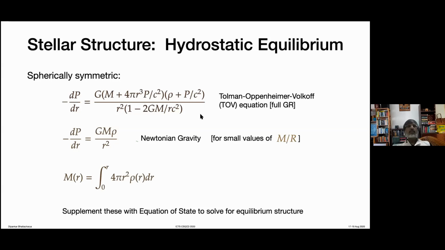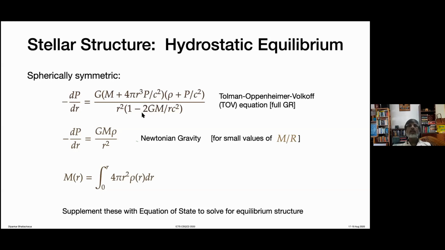For the large nuclear burning stars that we just talked about, the ratio of mass to the radius, or this quantity, 2GM by Rc squared, is actually quite small.